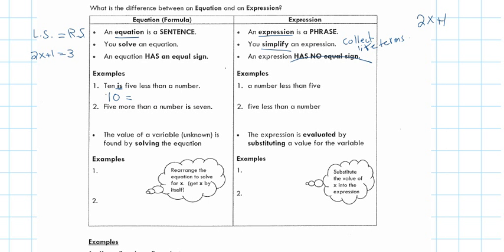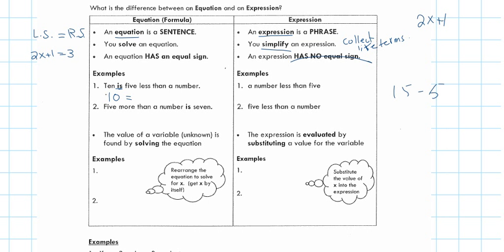What's 5 less than 15? And how did you do that? 15 minus 5, right? What's 5 less than 20?